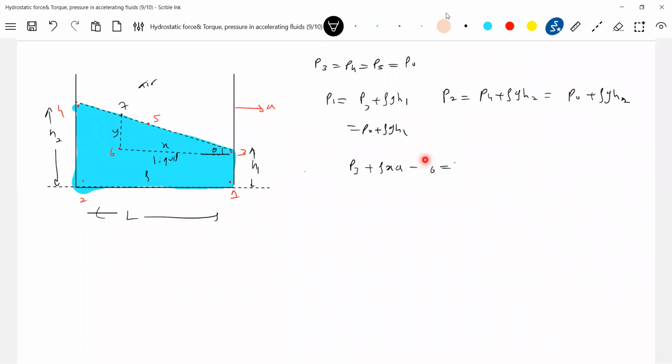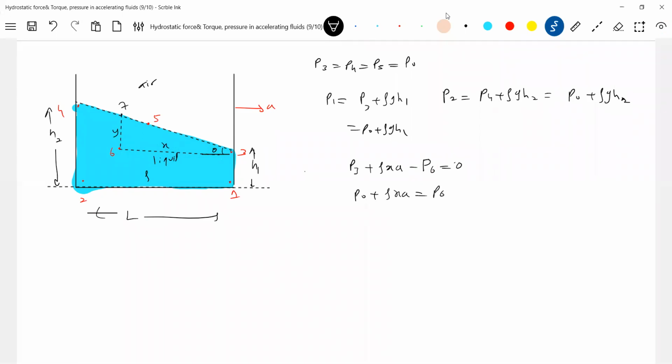Writing the manometric equation in an accelerating container is what I'm showing. So P3 plus rho x a minus P6 equal to 0. The pressure at 3 is equal to P naught. So P naught plus rho x a equal to P6. That's the pressure at 6.